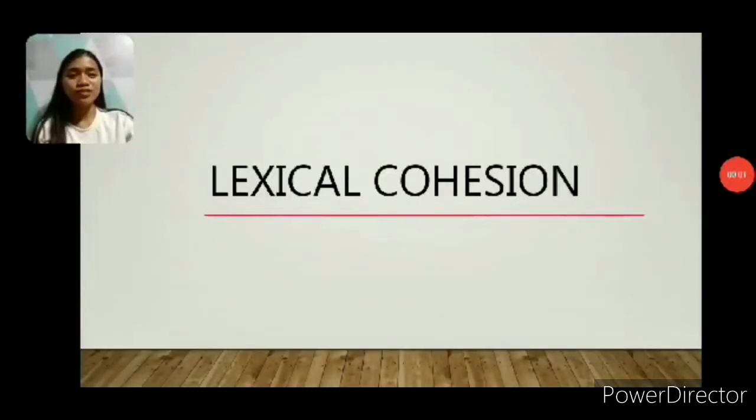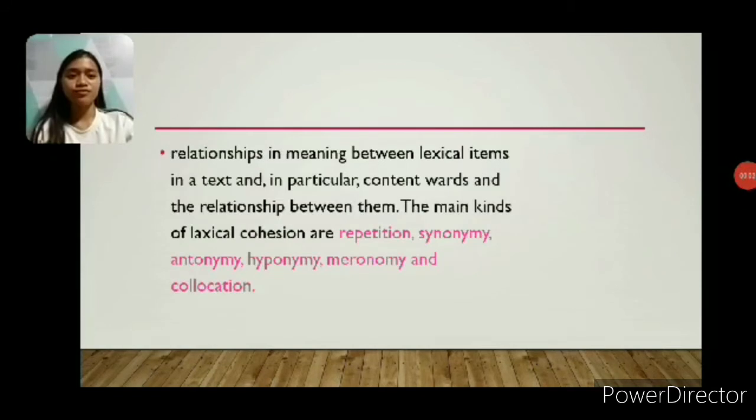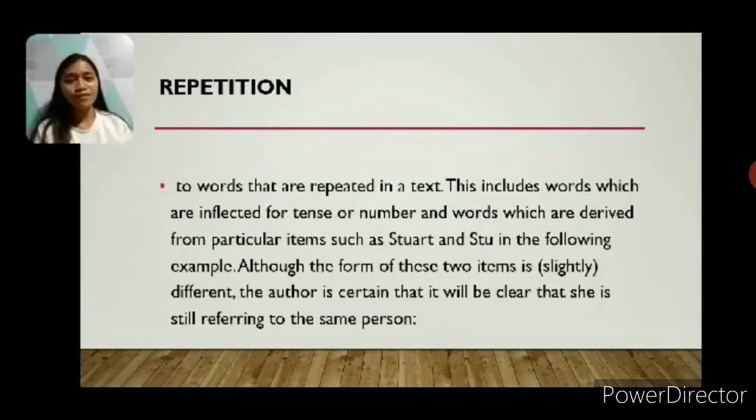Lexical cohesion. When we say lexical cohesion, it refers to the relationships in meaning between lexical items in a text, and in particular content words and the relationship between them. The main kinds of lexical cohesion are repetition, synonymy, antonymy, hyponymy, meronymy, and collocation. When we say repetition, it refers to the words that are repeated in a text.